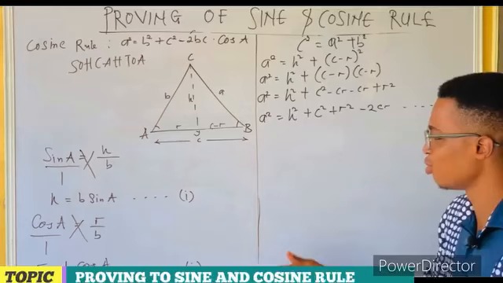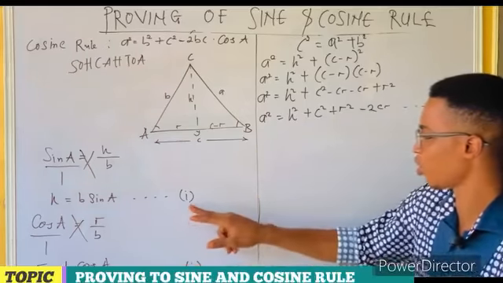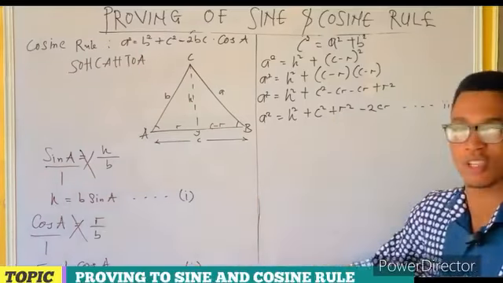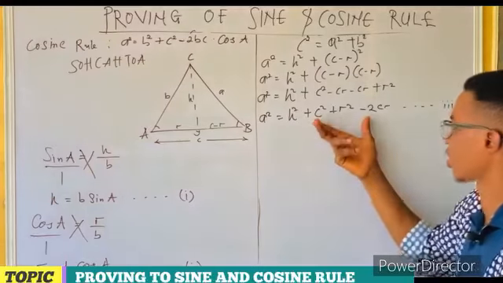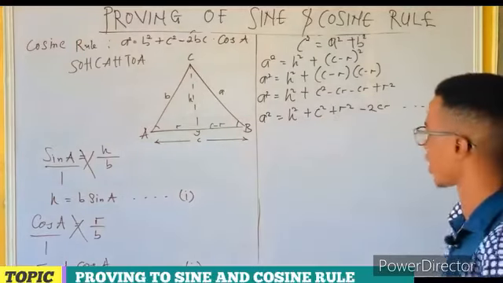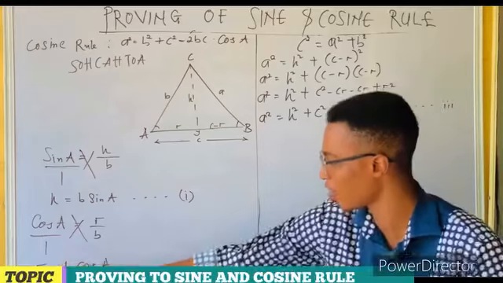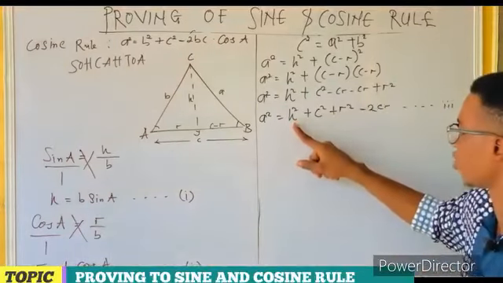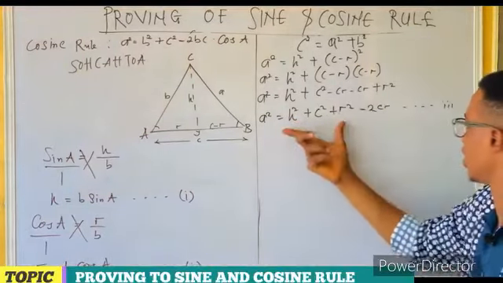What we need to do now is to substitute equations 1 and 2 into equation 3. That is, we know the values of our h and r. We substitute the values of h and r in equation 3.